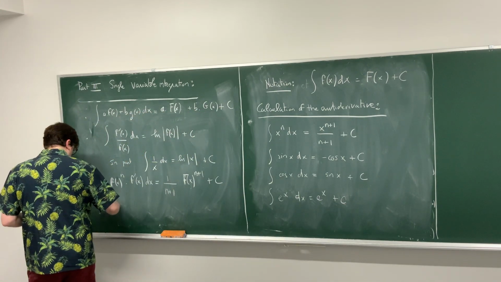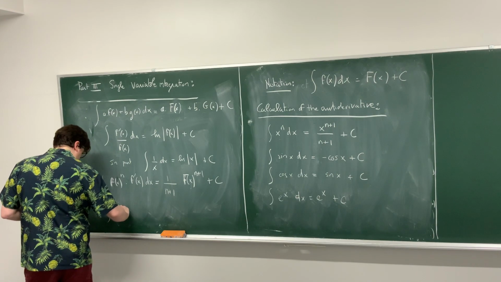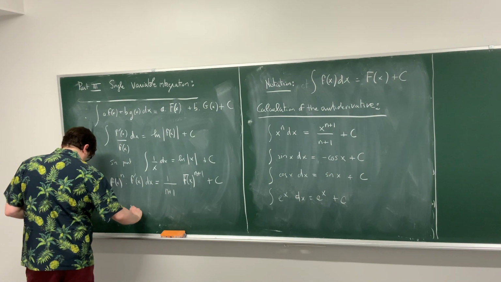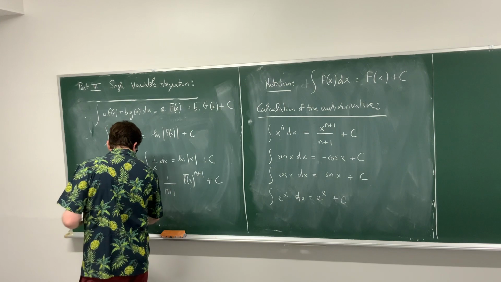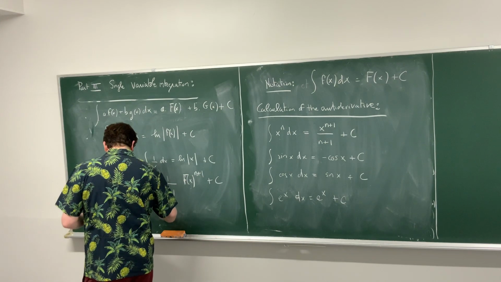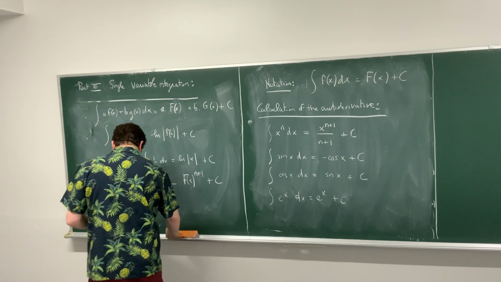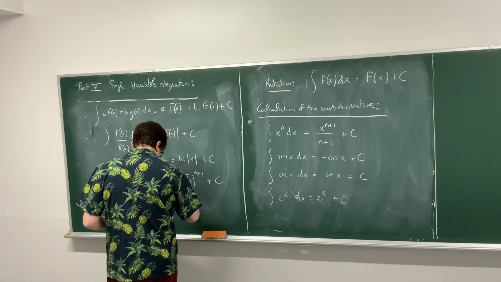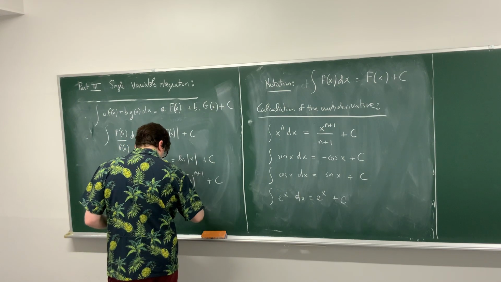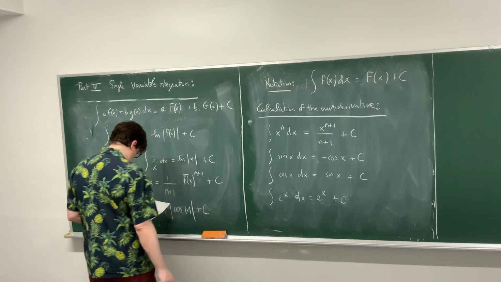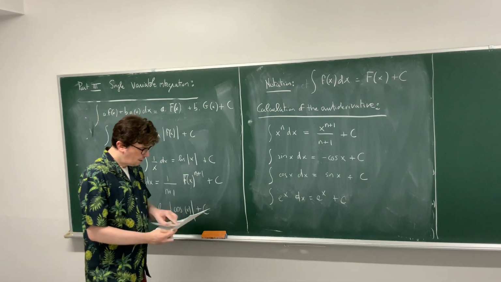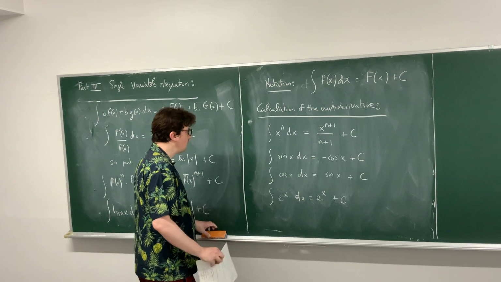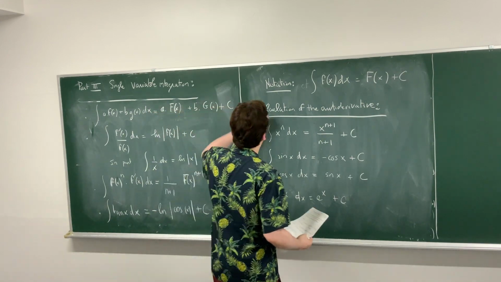And the antiderivative of tangent x dx is minus the logarithm of the absolute value of cos x plus c. Do I want to give you more? No, I'm going to stop here.